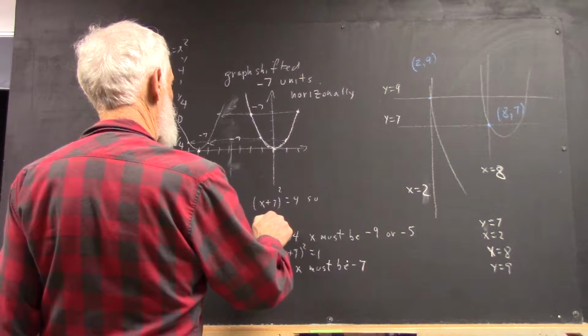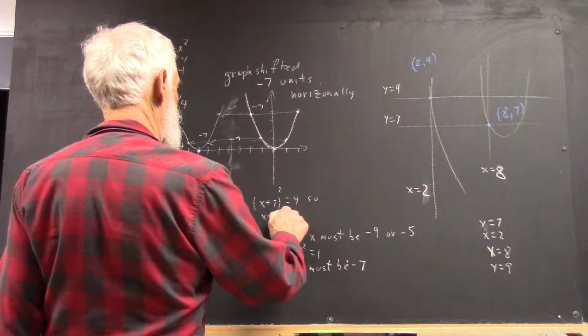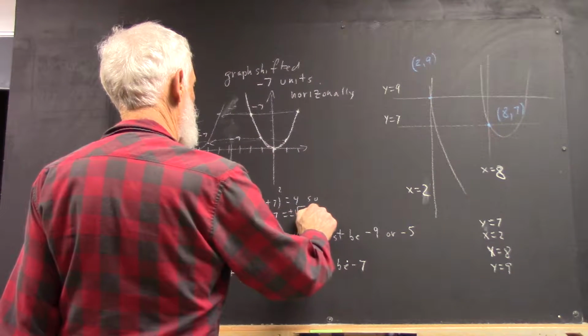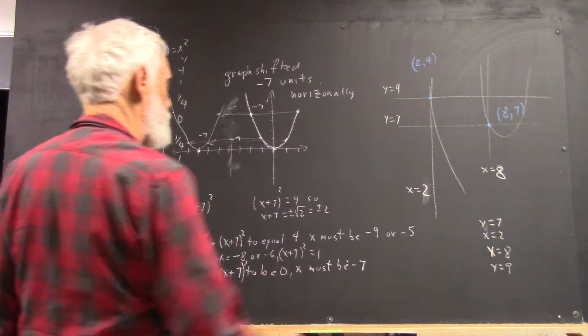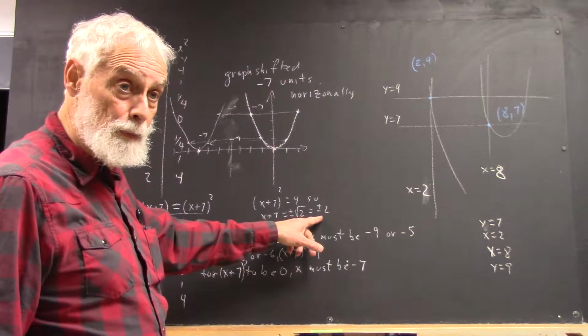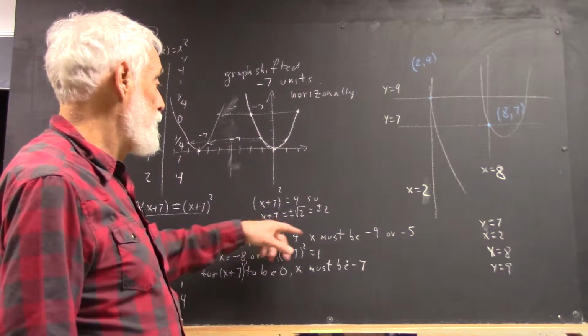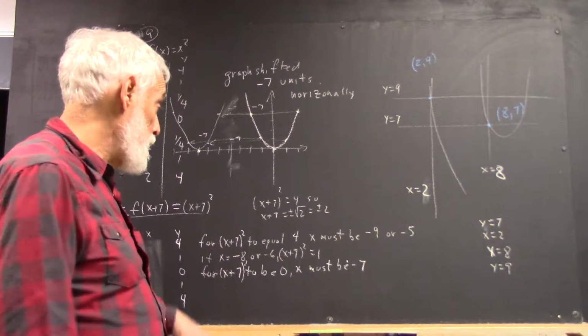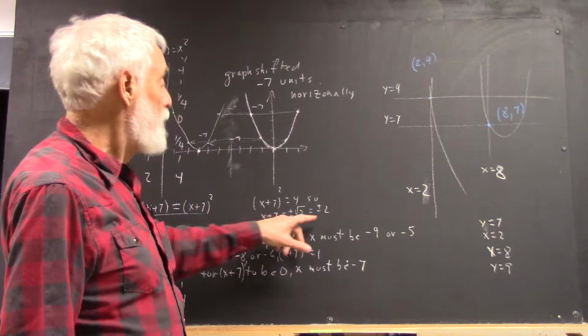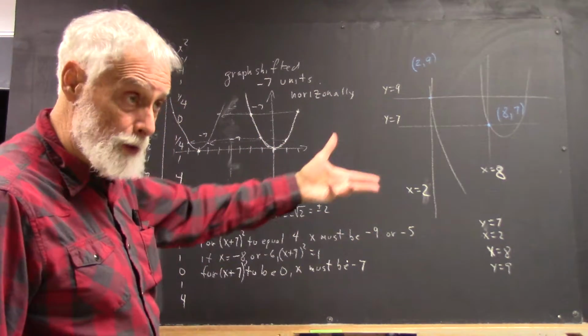By something we talked about the other day, x plus 7 is plus or minus the square root of 4, which is plus or minus 2. If x plus 7 equals 2, then x equals 2 minus 7, which is -5. And if x plus 7 equals -2, then x is -2 minus 7, which is -9.